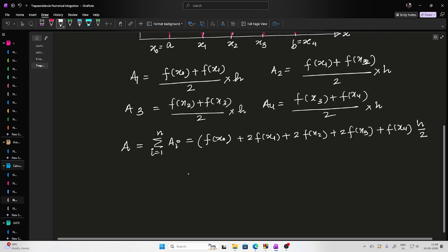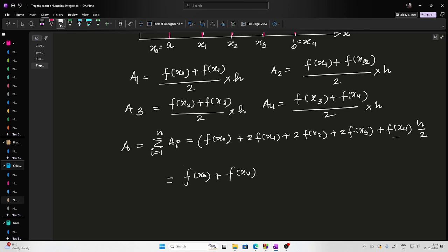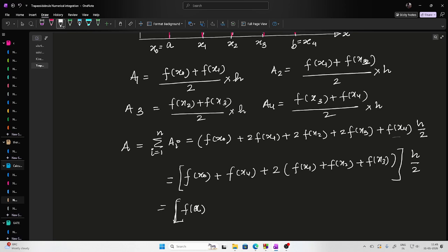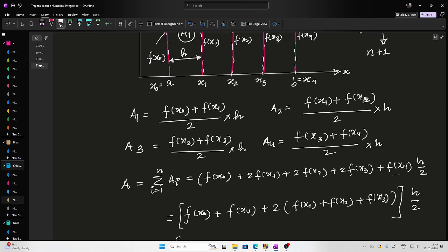Now what you can do is write this as f(x0), bring in the last term f(x4), and then plus 2 times f(x1), f(x2) and f(x3), all multiplied by h by 2. Now what is this? This is the value of the function at the starting point, that is a. What is x0? It is nothing but a. Look here.